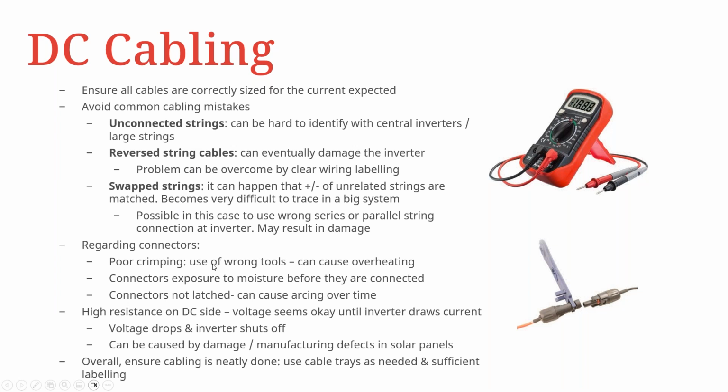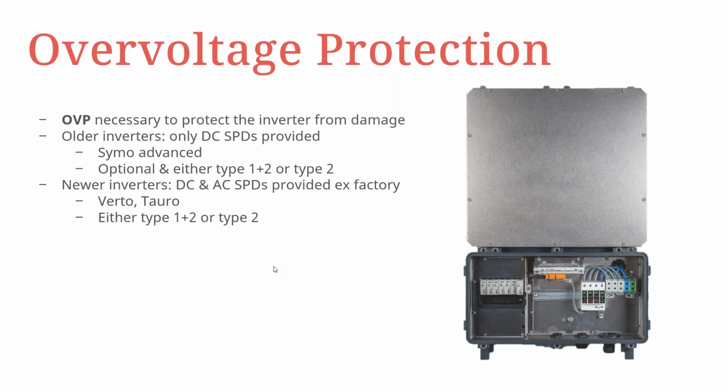Regarding connectors, ensure that you crimp all your connections properly, and then ensure that the cabling work is basically neatly done. For overvoltage protection, as David has mentioned earlier, we are proud to say that we have implemented this in the Battery, just like we have for the Tower.